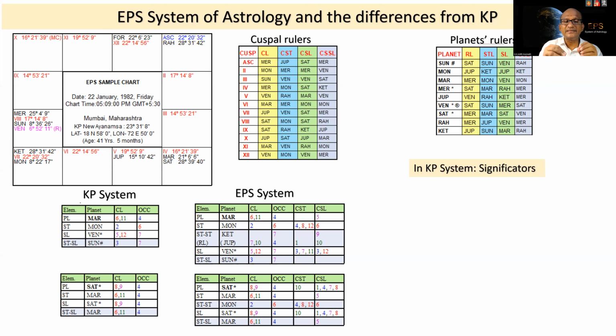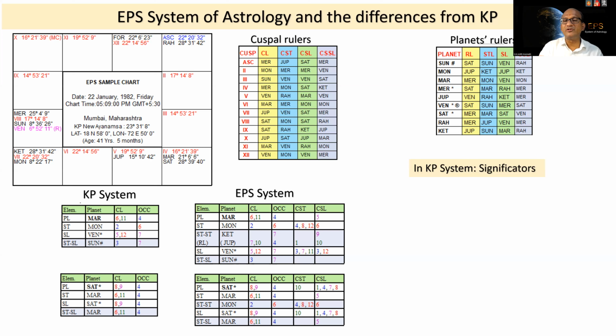So in KP, if you follow only the fourfold significators, and look at which houses this planet is signifying and which houses it is not, sometimes you would have experienced that some planets were not taken for a particular event.